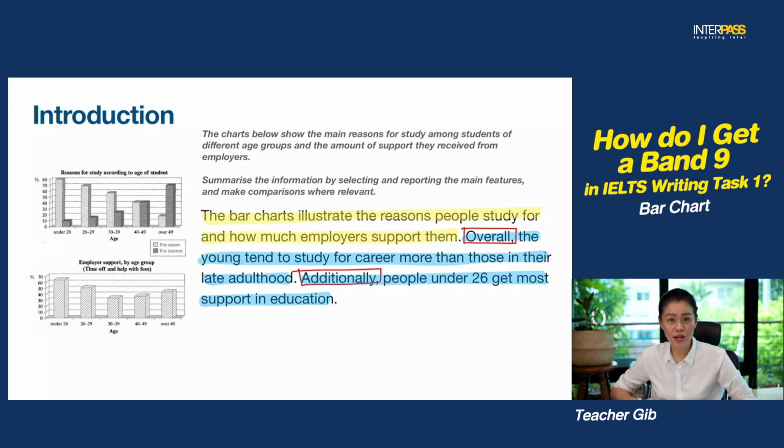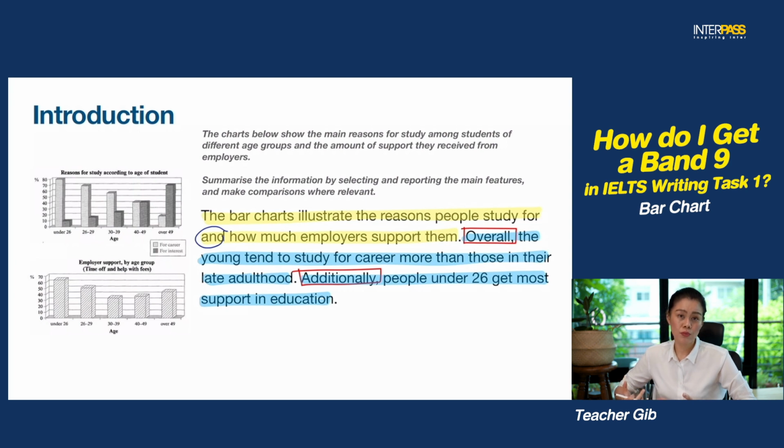Then let's get our hands dirty. Writing the introduction. I put the model answer for you and highlight it in different colors so that we understand it in a very short time. The first sentence: the bar charts illustrate the reasons people study for and how much employers support them. This is very straightforward. The first sentence will tell the readers what happened and when it happened.